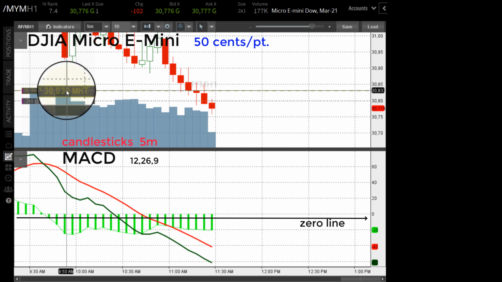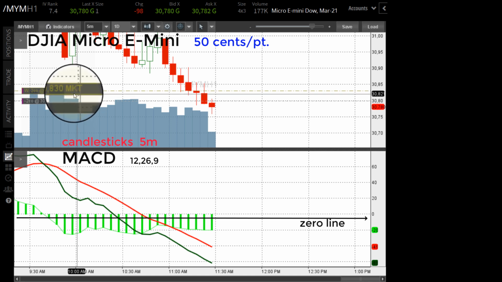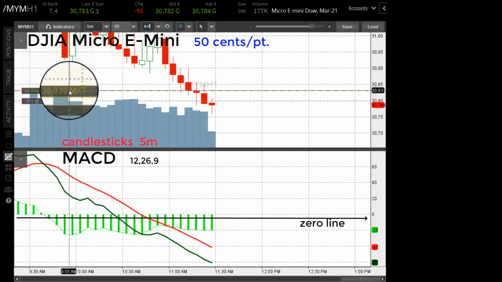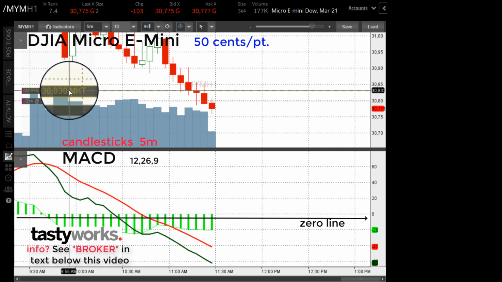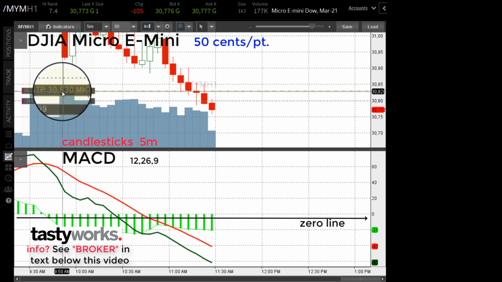30,772 now, and that's well below my stop. So I want to reduce the risk on this trade every time I get a chance to. So I'm moving that stop right now from 30,830, and I'm going to move it down. I stop and think about it. You can see I'm pausing there for a moment.